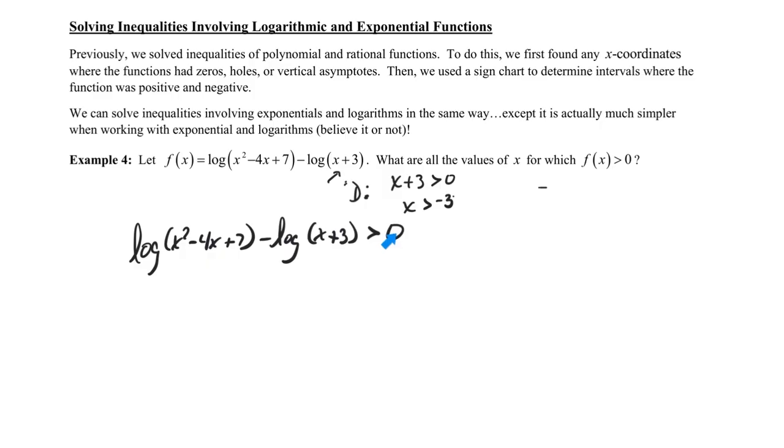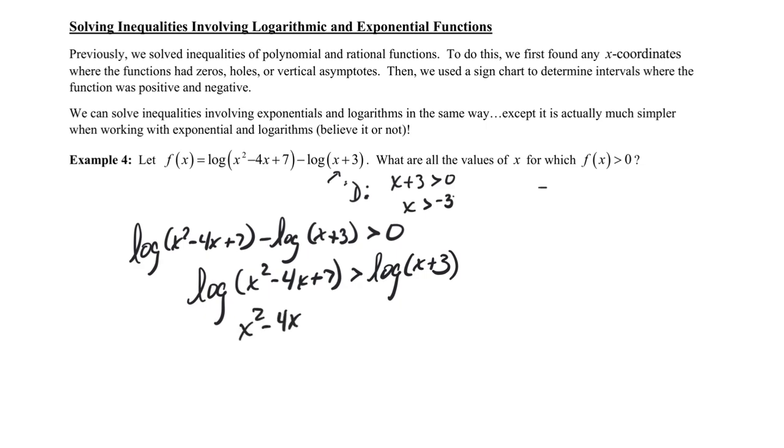Since that's a 0, when I move this over, it goes away, and I get log of x squared minus 4x plus 7 is greater than log of x plus 3. And the logs go away, and I get x squared minus 4x plus 7 greater than x plus 3.